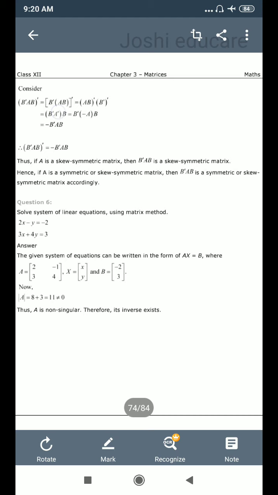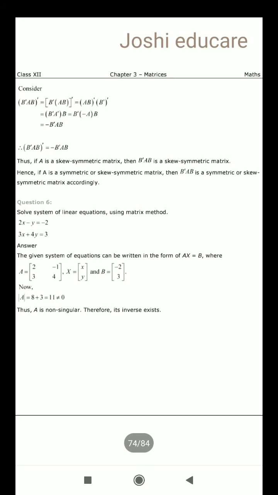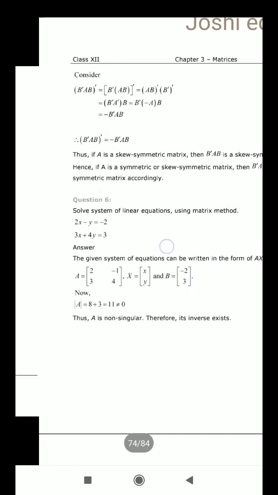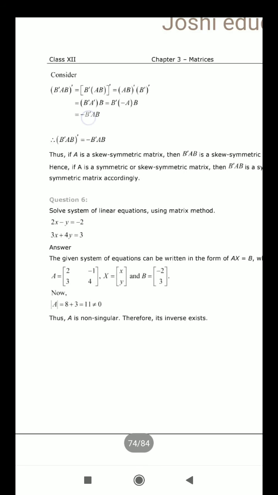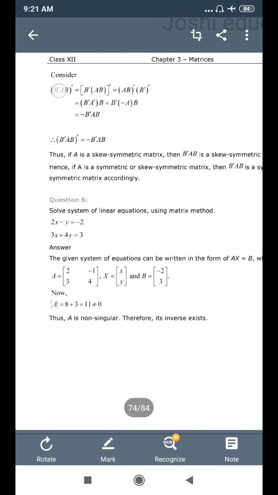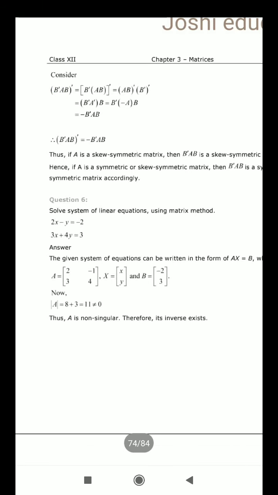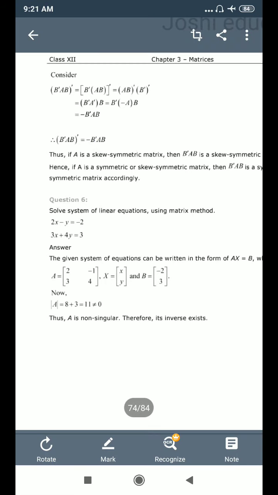Over here only we have replaced this A transpose by negative of A. On replacing A transpose by negative of A, this whole thing, B dash AB whole transpose, will become negative of B dash AB. It means the transpose of a matrix is negative of itself. It means it is a skew symmetric matrix. That's all.